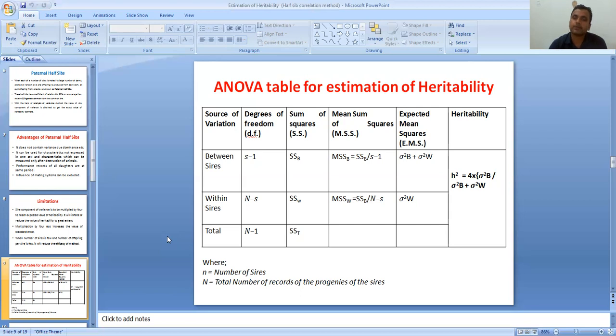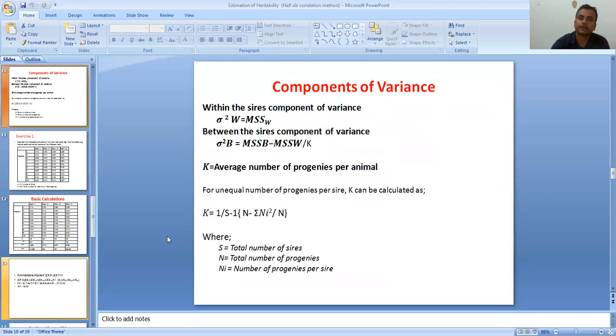For final heritability estimation, we multiply by 4 the variance between sires divided by variance between and within sires. Here, small n is related to the number of sires and capital N is related to the total number of records for the progenies for each sire.